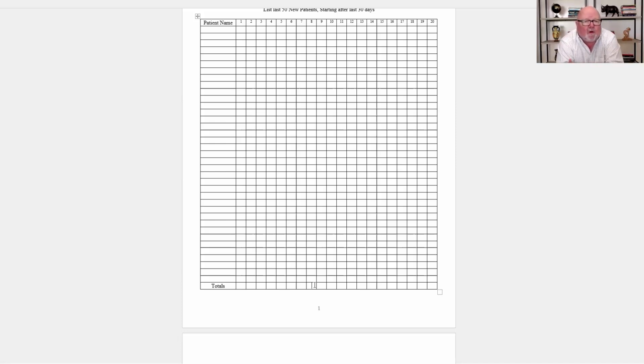And then one thing we won't pay attention to as much is your patient visit retention. Even though you want to know the number, you don't want to pay as much attention to it because it's a little bit of a fake number. Patient visit retention is your total patient visits divided by your number of new patients over the same time period.